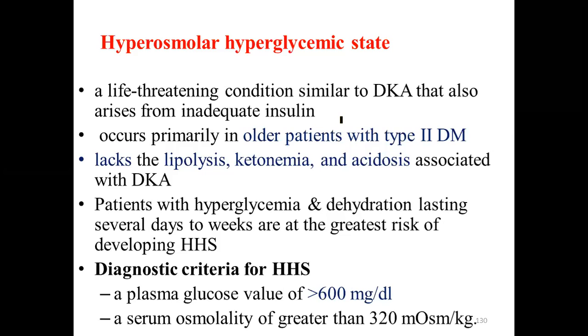So, hyperosmolar hyperglycemic state is a life-threatening condition that is similar to DKA and also arises from inadequate insulin. But it is very common in type 2 DM. The difference between HHS and DKA is that there is no lipolysis, ketonemia, and acidosis, which are commonly associated with DKA.